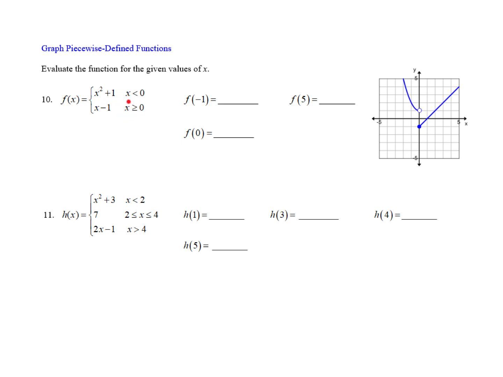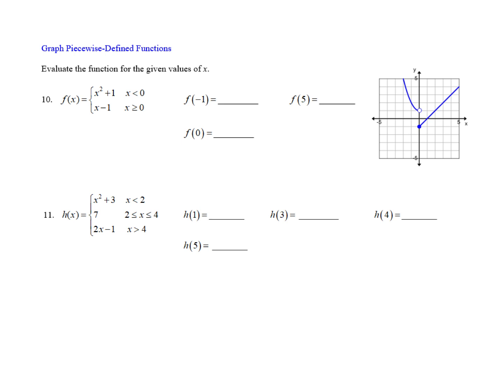For values that are greater than or equal to 0, we're going to apply x minus 1. So it's very key that you're looking at these domain values when you're determining which piece of the function. You will never use both pieces of the function in the same problem. You have to choose one. Otherwise, you have repeating x values, and that doesn't work.